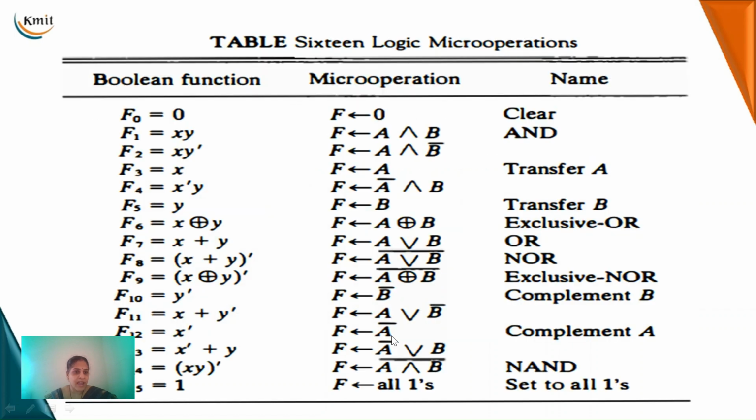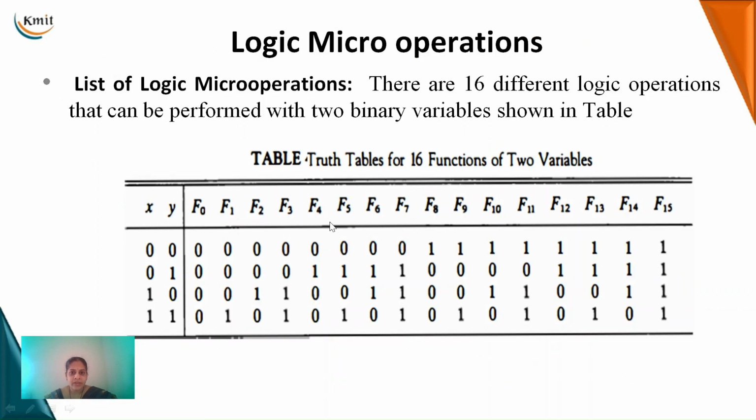Next coming to F9, it is X XOR Y whole complement. We have already done F6, X XOR Y. So for that result, we are doing a complement operation. That is represented by the microoperation A XOR B whole complement, which is called an exclusive NOR operation. So F6 is X XOR Y, and for this we are doing a complement operation.